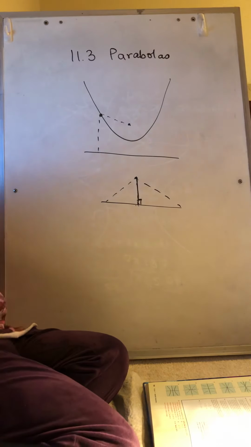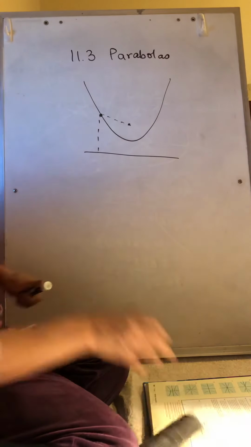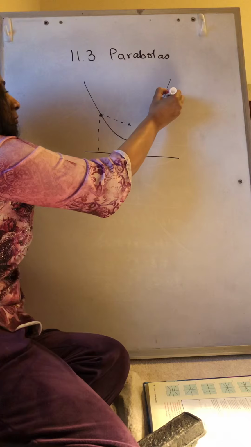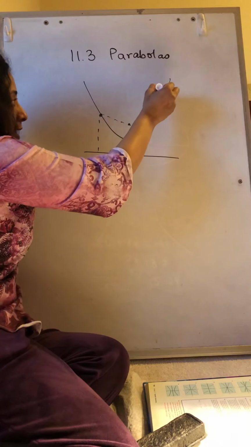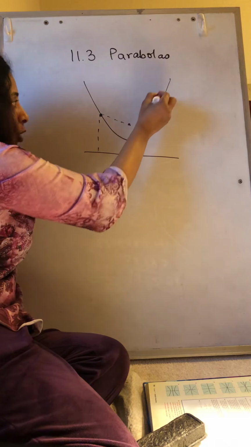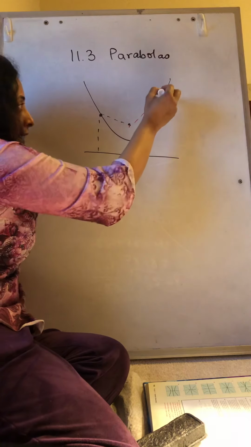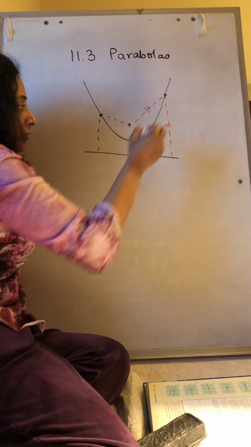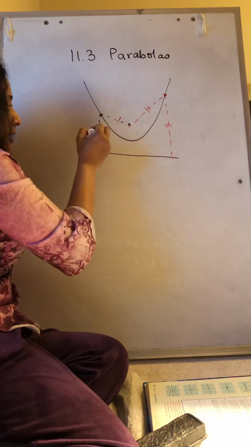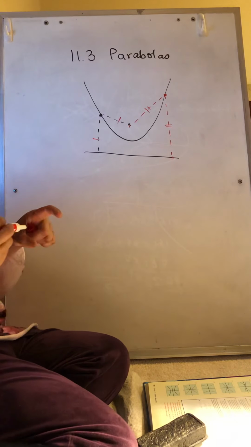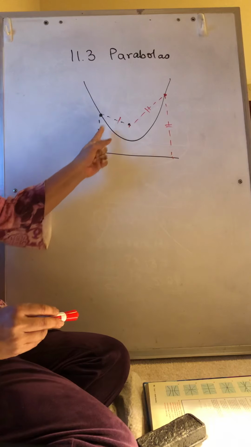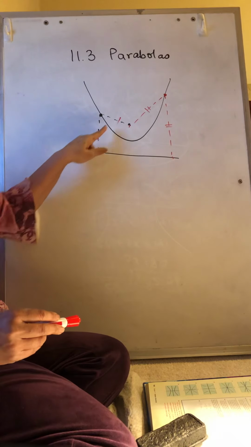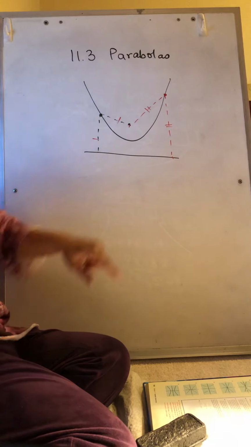So now when I have my parabola, this is what I'm looking at. Suppose I take this point. Then the distance of this point to this point and the distance from this point to the line will be the same. This distance has nothing to do with that distance; it's just that this and this will be the same.